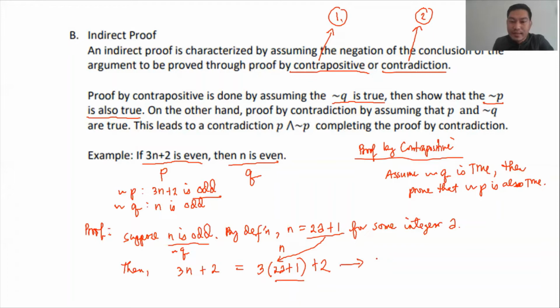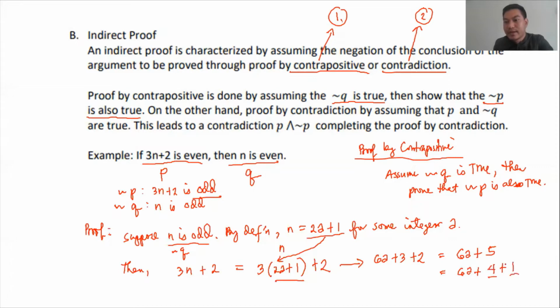If we simplify that, we have 3 times 2a, that is 6a, plus 3 plus 2. So it will become 6a plus 5. But take note, we need to make it in the form of an odd number. So we can have this as 6a plus 4 plus 1.